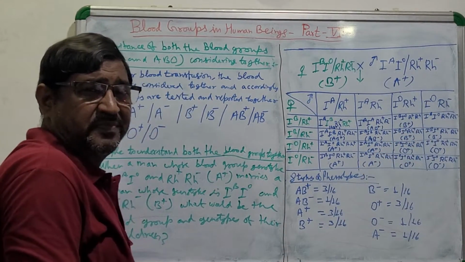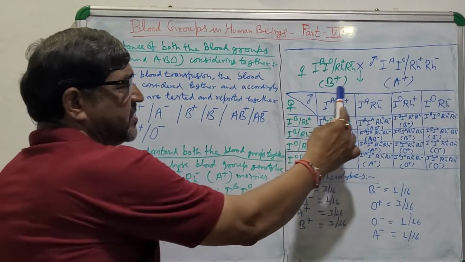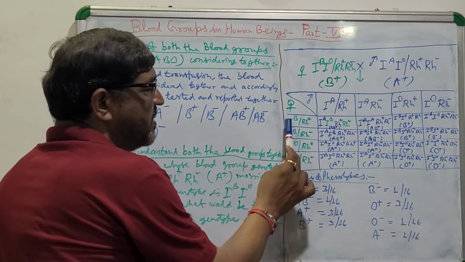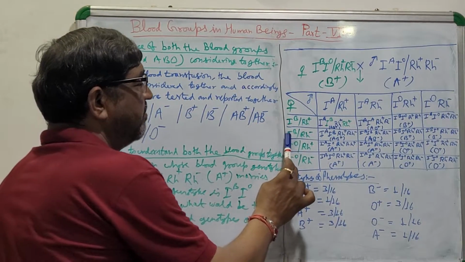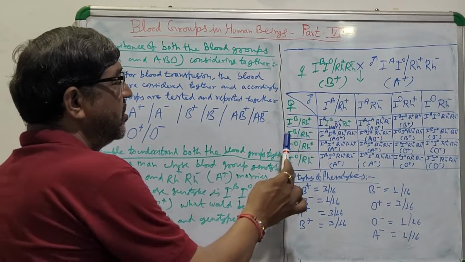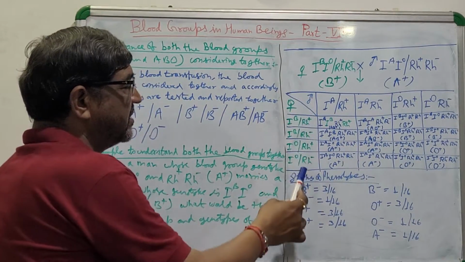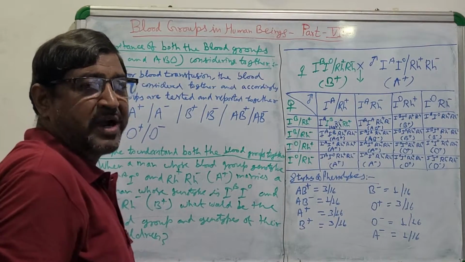And the female gametes you are getting are B positive, B negative, O positive, and O negative gametes. Four types of gametes here also you will be finding.